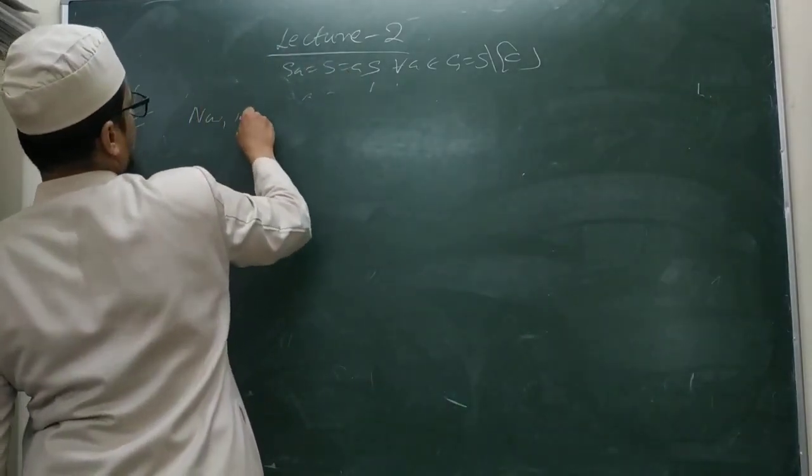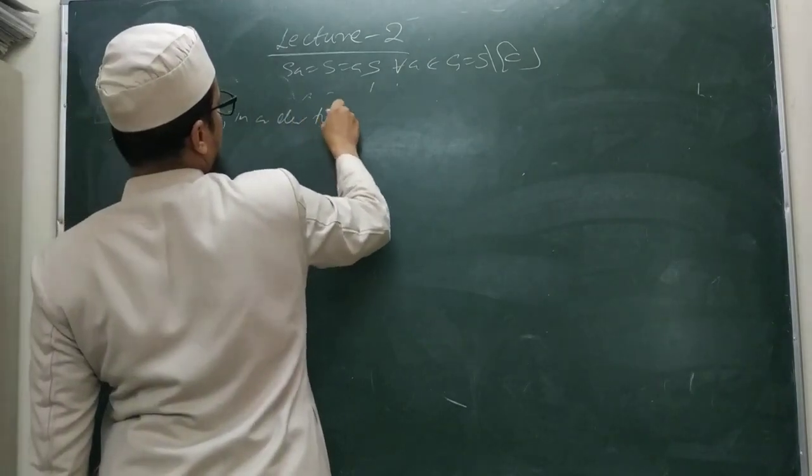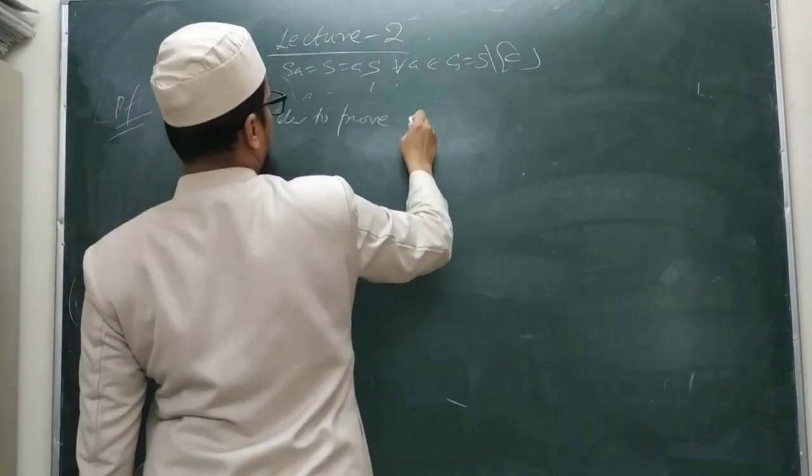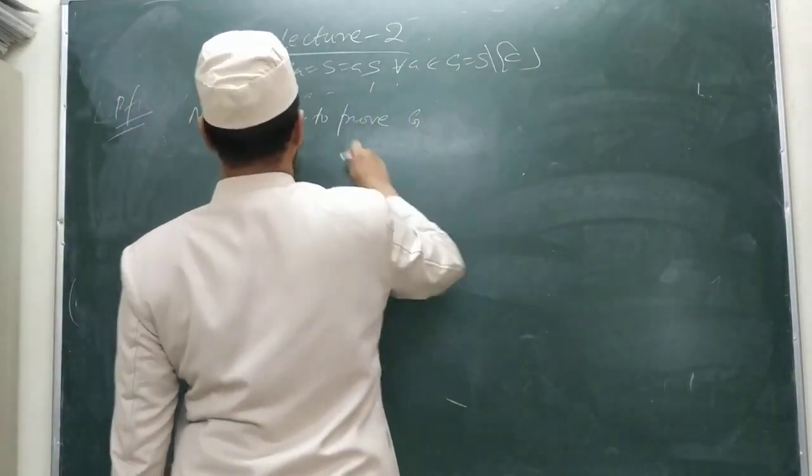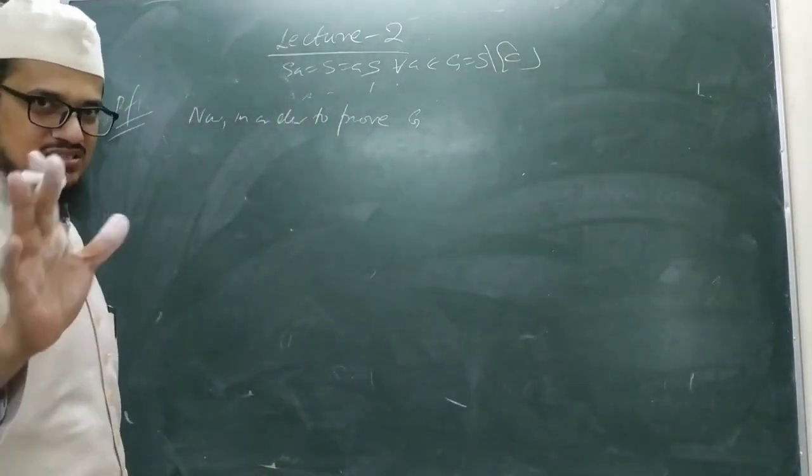Now, in order to prove G is a group, so far what we have, G is a semigroup.